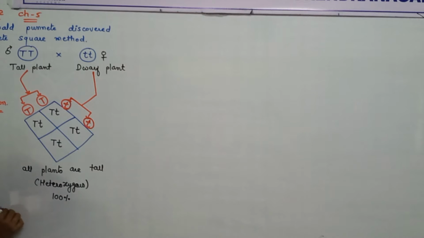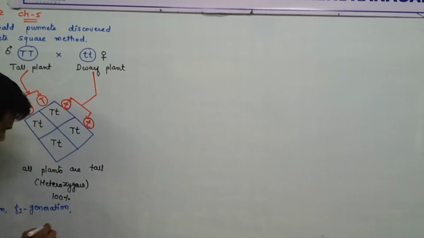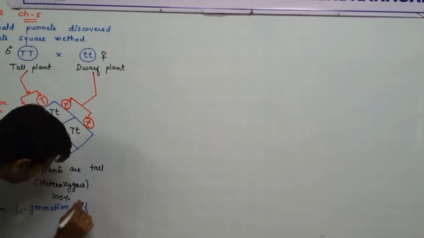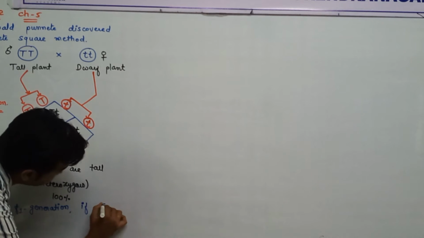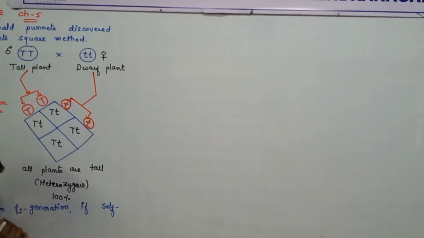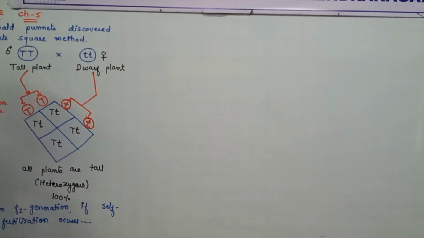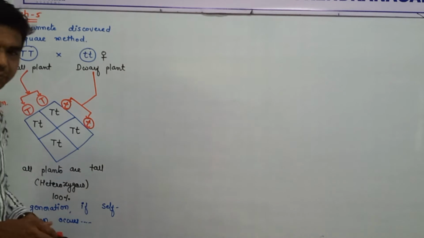Now next sentence, you know that in the F1 generation, if self fertilization occurs, so now you know that in the F1 generation, which two plants can we select?